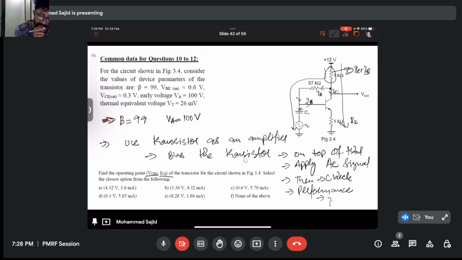Now since I had to find these values and VCEQ, that is this voltage, what I will do is apply KVL to get these values.